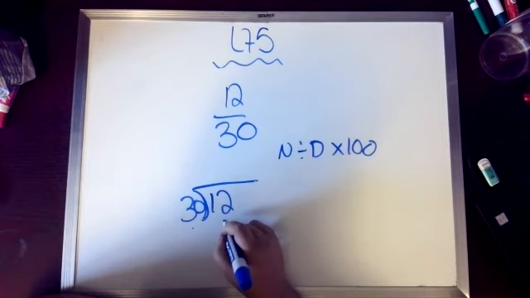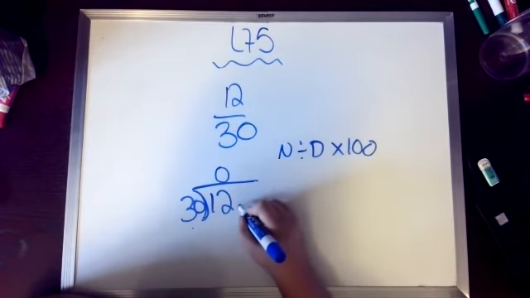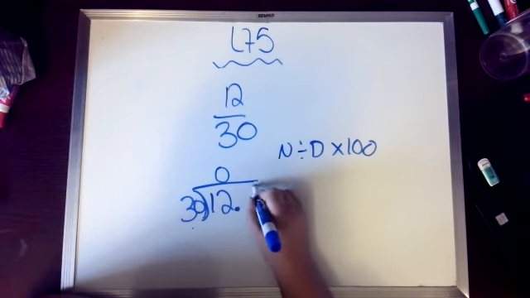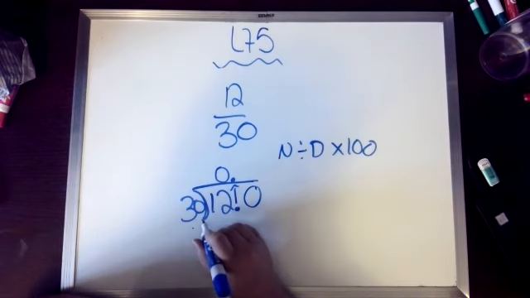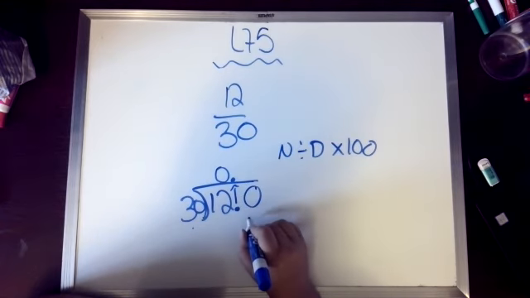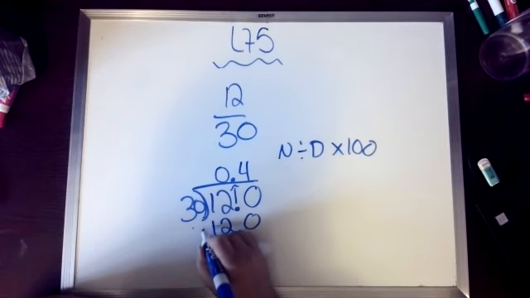Okay, 30 goes into 12 0 times. I now need to add a 0 on, but instead of just making this 120, I have to put a decimal, add a 0, which means I now bring the decimal up. 30 into 120 is 4, and it makes 120.